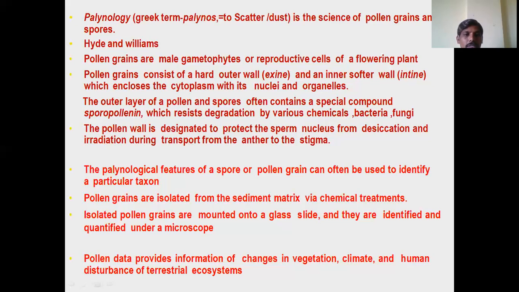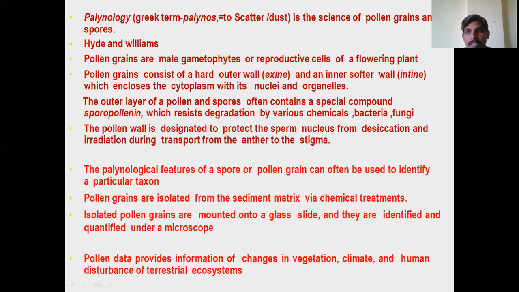The pollen grains are isolated from the sediment matrix via chemical treatments. These isolated pollen grains are mounted onto a glass slide, and they are identified and quantified under a microscope. Generally, light microscopy and scanning electron microscopy are used to study pollen grains.